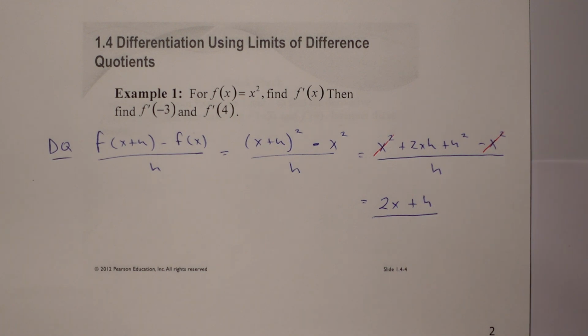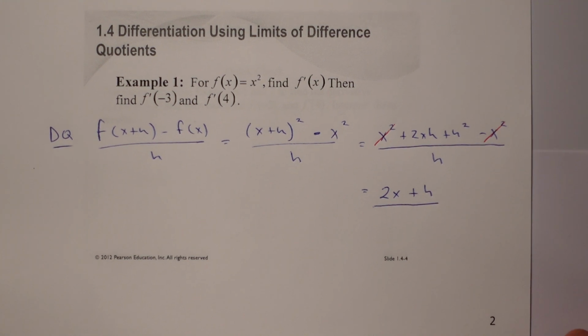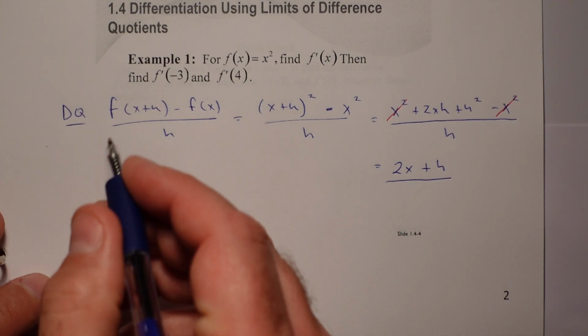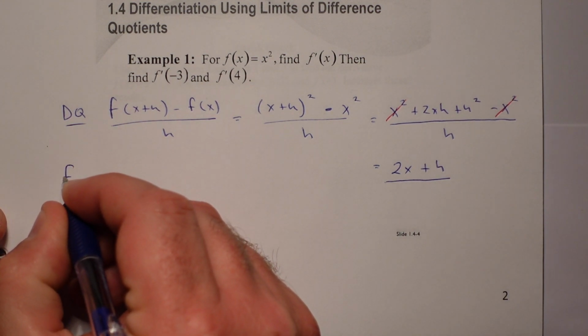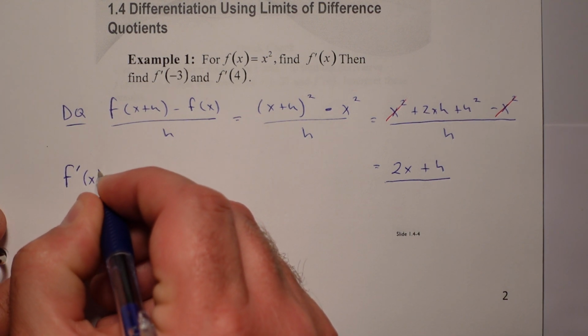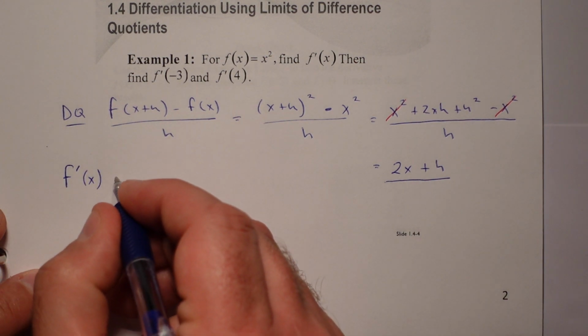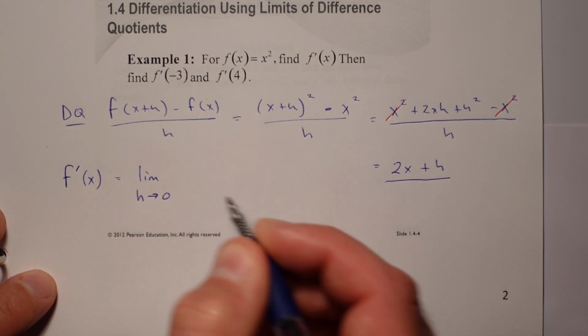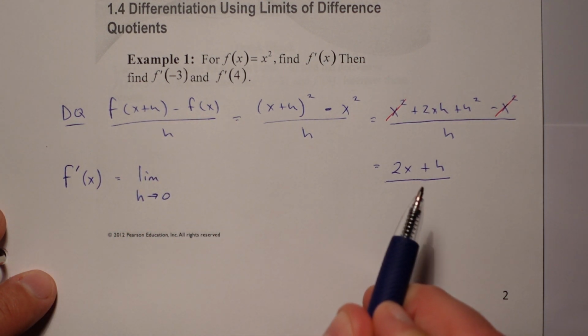Now, what's new in section 1.4? We now want to take that difference quotient and find the derivative of the original function. So now I'm finding f prime of x. This is going to equal the limit as h approaches 0 of that difference quotient.